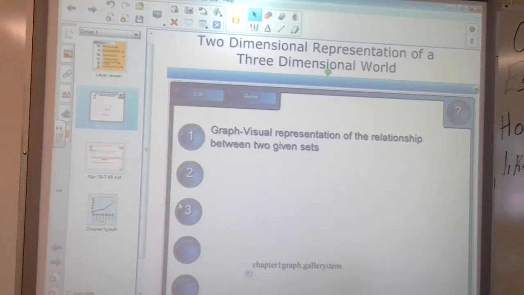So I know in math you've used graphs before where you compare two things. You have your variable, and that's the quantity that can change. And this graph will look just like a graph in math.